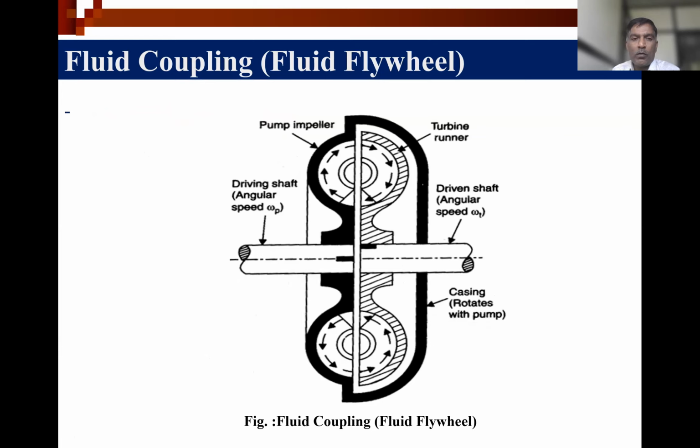Okay. So the next type of clutch is used in semi-automatic transmission, which we are going to see in the transmission types. That is nothing but fluid coupling, or we can call it a fluid flywheel.